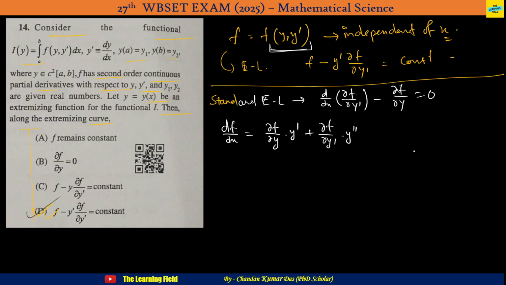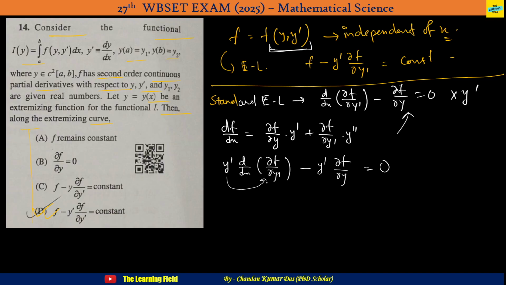Now if we multiply the Euler-Lagrange equation by y dash, this is the standard process, we get y dash d/dx of ∂f/∂y' minus y dash ∂f/∂y is equal to 0.